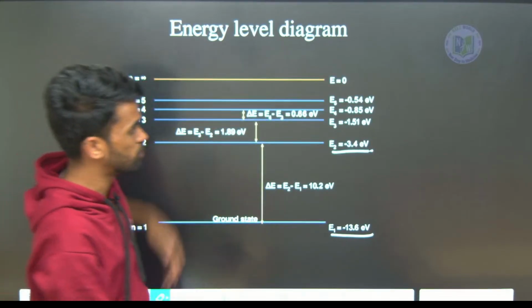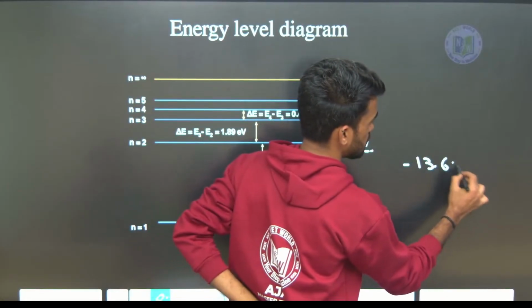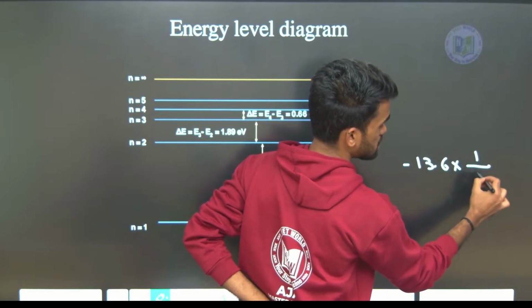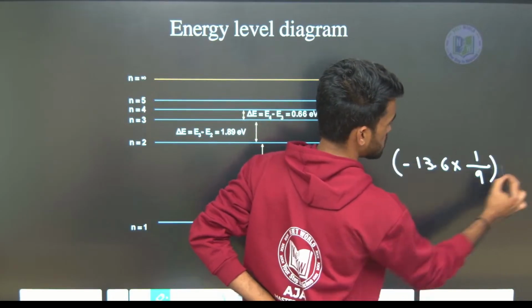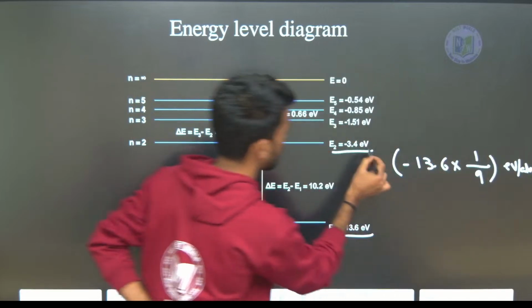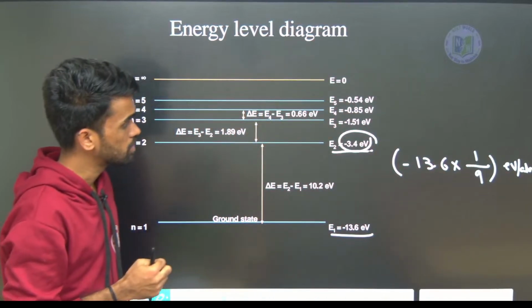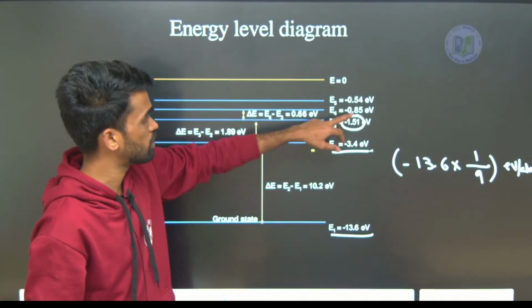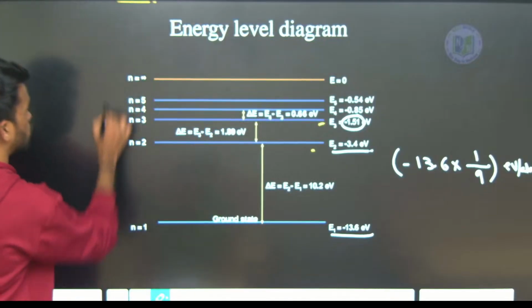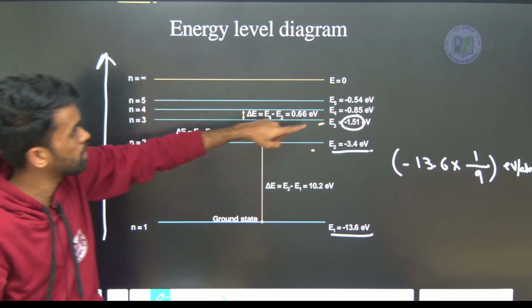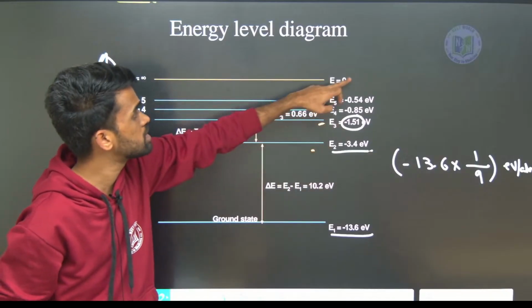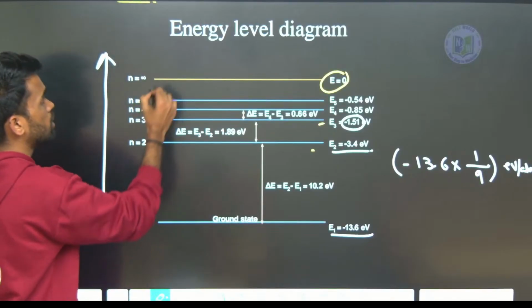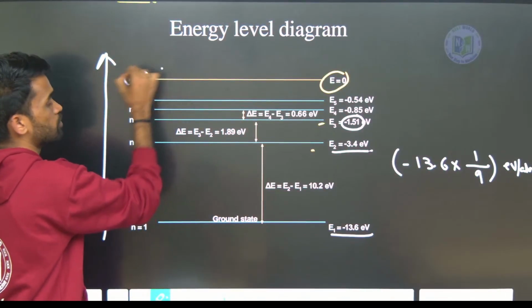Similarly, minus 13.6 into Z square, Z is 1, n square is 9, so minus 1.51 electron volt per atom. Like that, if you keep on increasing the n value, energy becomes less negative, tending towards 0.